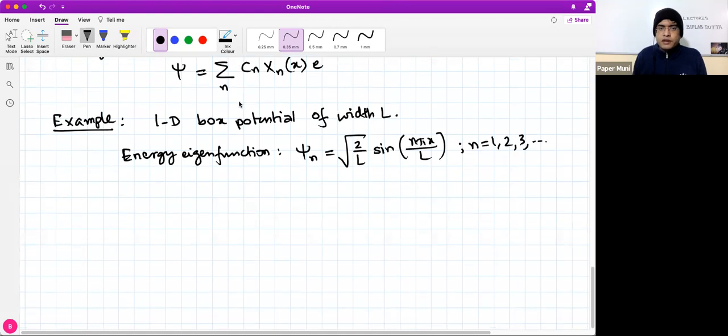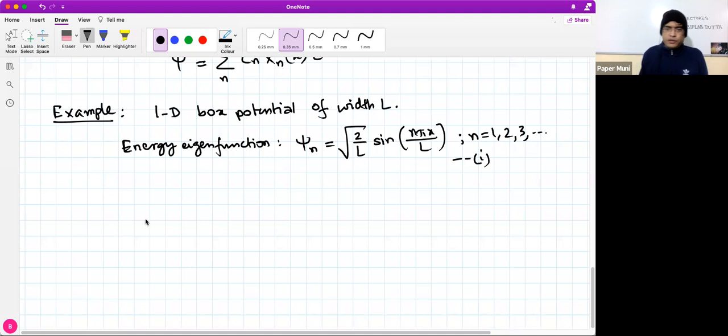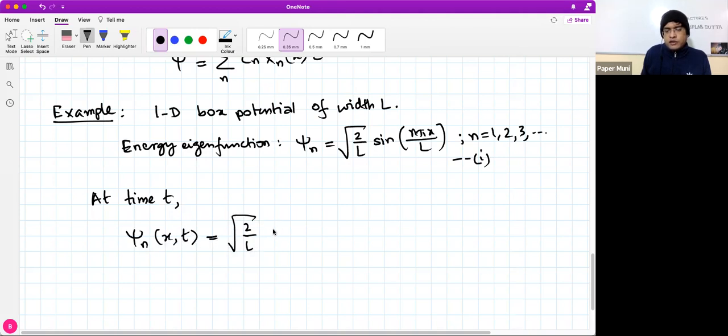Now in this case, let's call this equation 1, because we will refer to it in the next few steps. Now at time t, we can write psi n of x, t as root 2 by L sine n pi x by L times e to the minus iota En t by h cross.